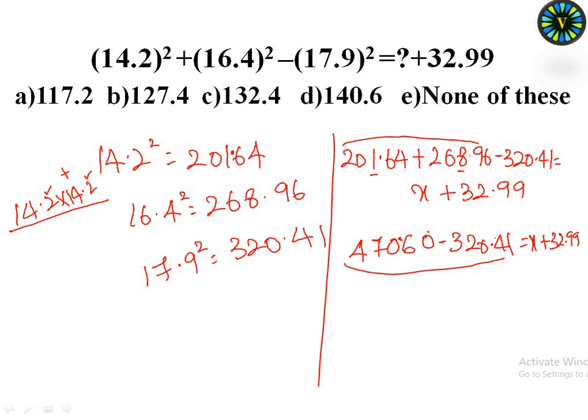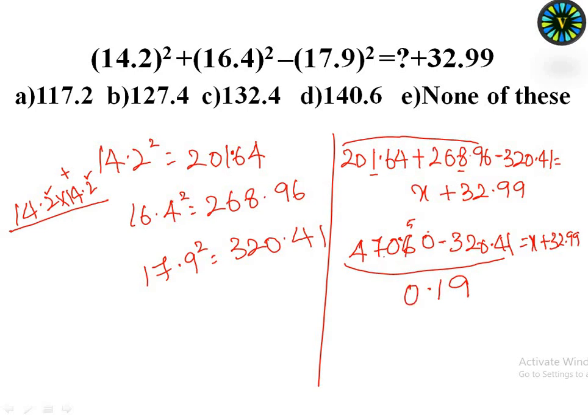So 0 minus 1 we can't subtract, so I will borrow from 6. So 10 minus 1 will provide you 9. Here I will be having 5. 5 minus 4 will give you 1. Then later in both the sides I am having 0.